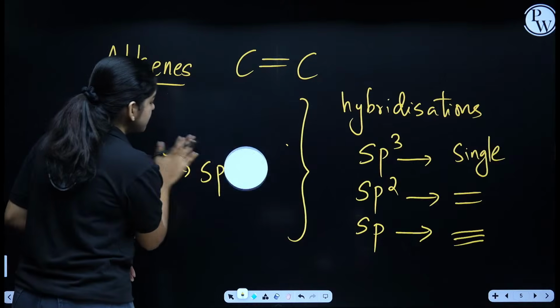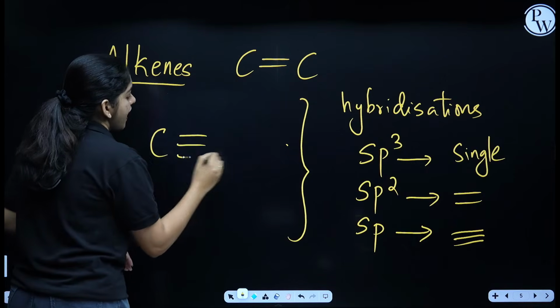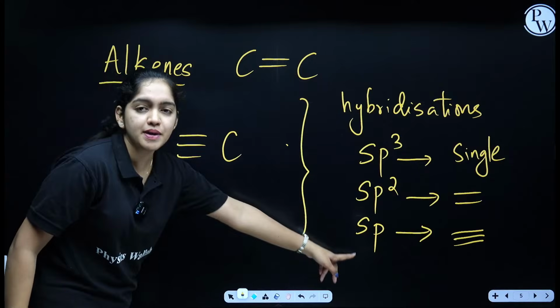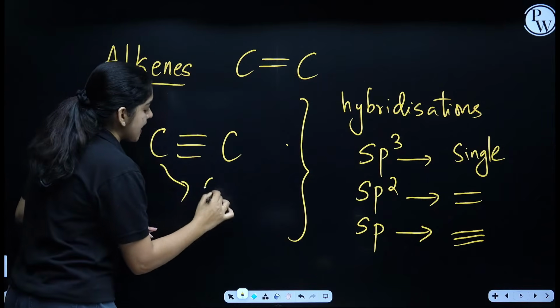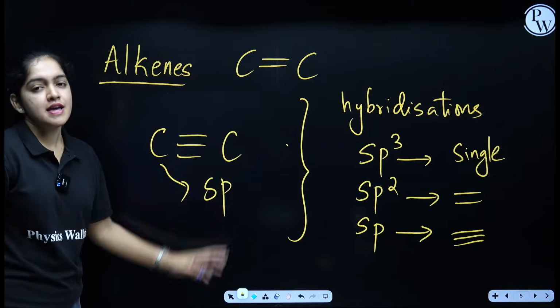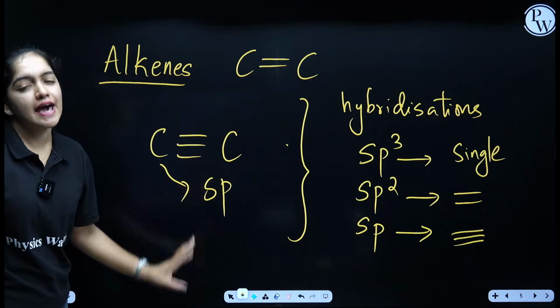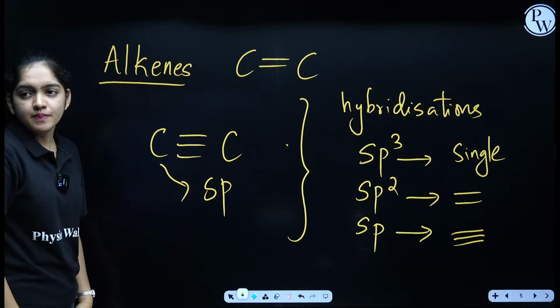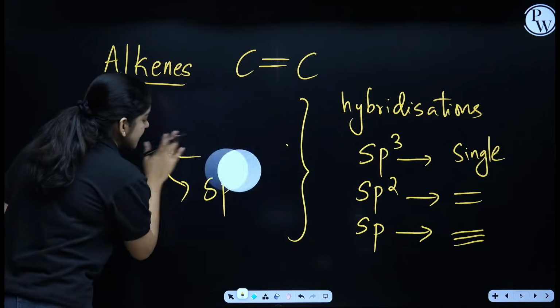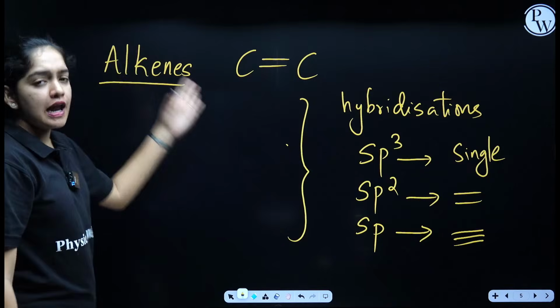Then next one we can discuss about the triple bond. If carbon is having a triple bond, what will be the hybridization? The hybridization will be sp hybridization. S and P will be having equal character. That means 50-50 character will be there. Okay, got it? Clear? Then, so we can come back to our topic, that is alkene. Alkene means what?